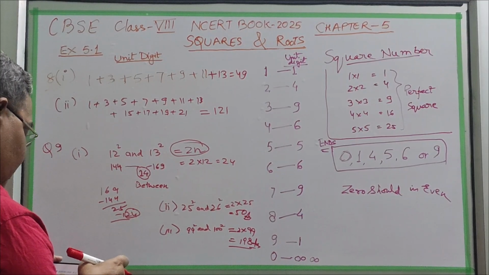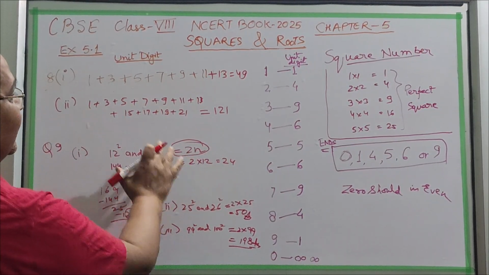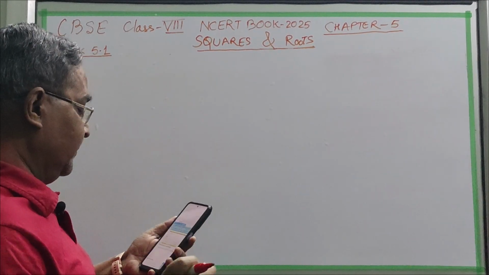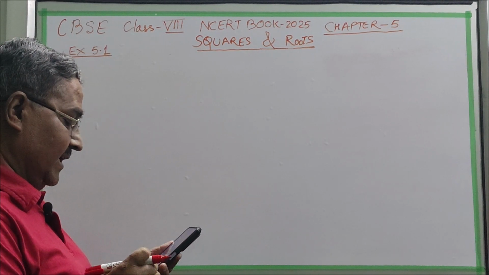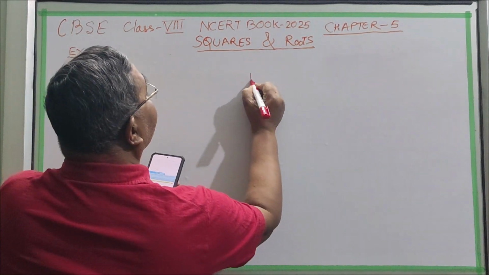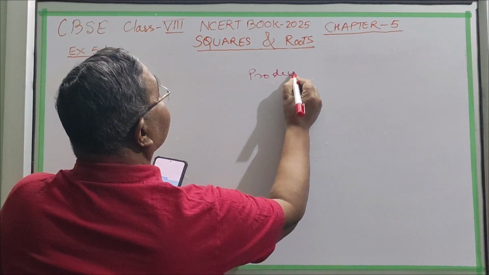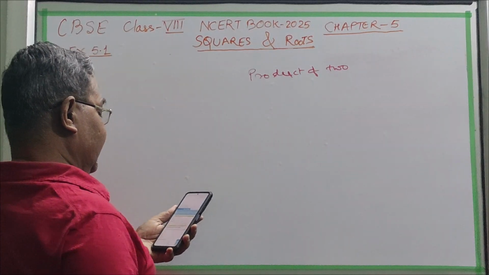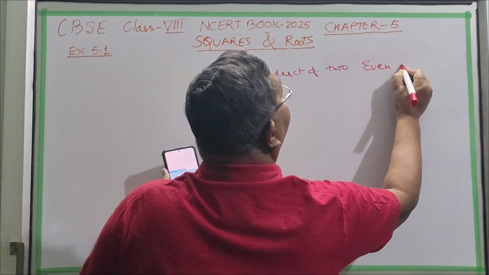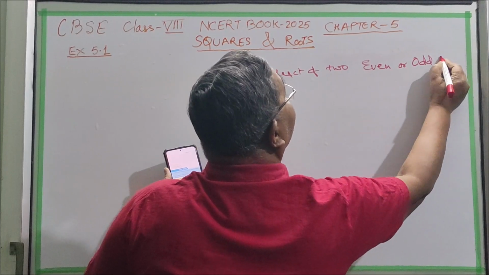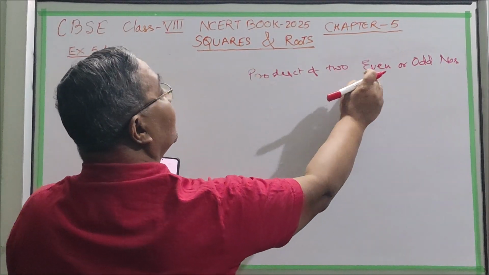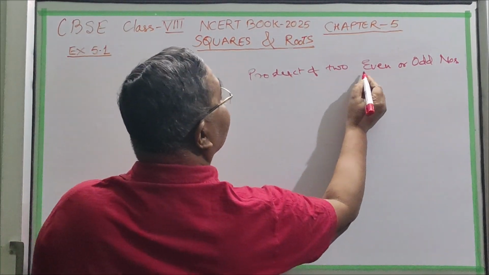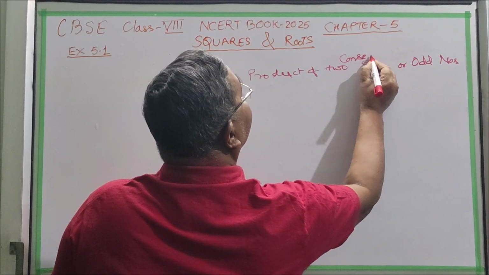I will tell you some more interesting facts about squares. Okay, we will rub this out and then we will tell. More peculiarities of square numbers: the product of two odd or even numbers, but they should be consecutive.